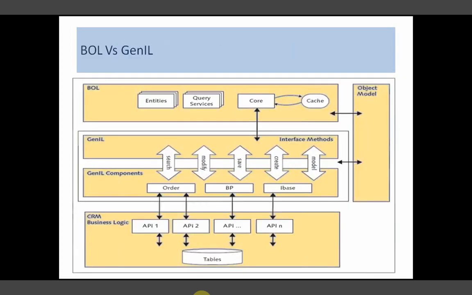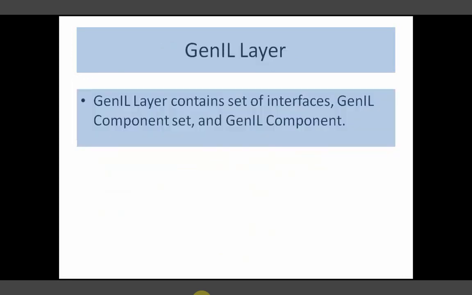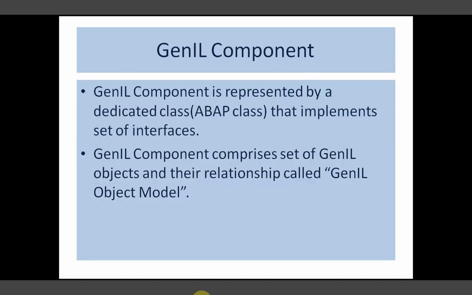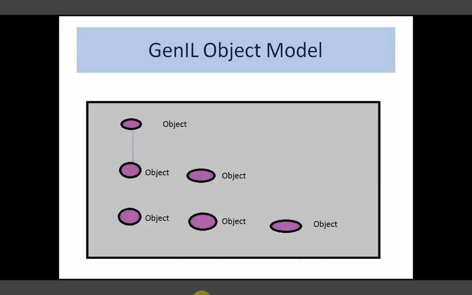Let me know if it looks so beautiful to you. Whenever I learn something new about GENIL or BOL, I feel, what a developer who developed it. Salam to them.